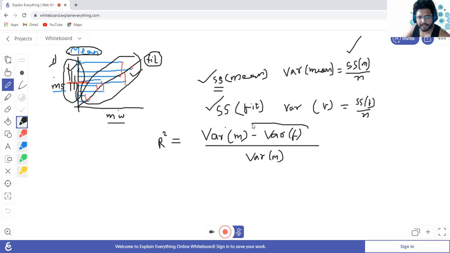If the variance of fit factor in the equation was not there, then what will be R square? Variance of mean by variance of mean is equal to 1. That is 100%. That means my y-axis, the axis which I am trying to predict, is giving me the entire 100% variance in the data.